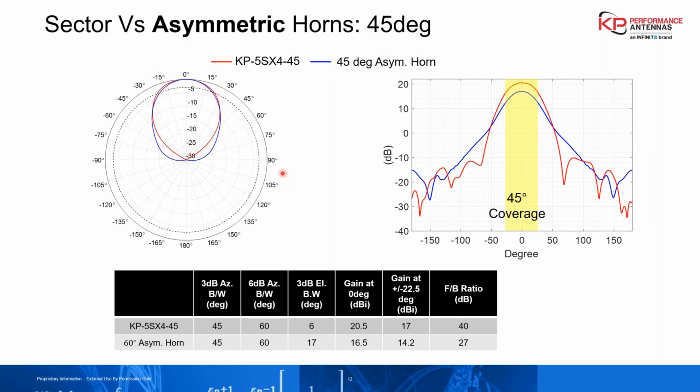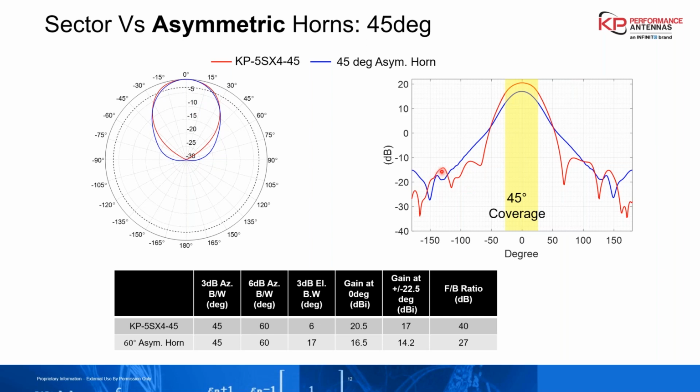But what ends up happening is that elongating the horn ends up increasing the side lobe levels in the azimuth plane. So it's very similar to what a sector has, but by itself.